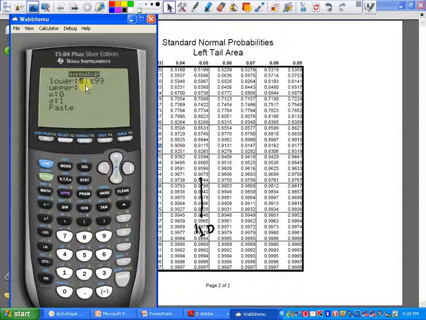So our lower limit is really negative infinity, because we want everything less than 1.33. Well, the closest thing we have to negative infinity in our calculator is the negative of 10 to the 99th power, which is just a very big negative number. And the e comes from right here: second comma will give you e. And you just put 99 right after that. Now our upper limit here is 1.33.